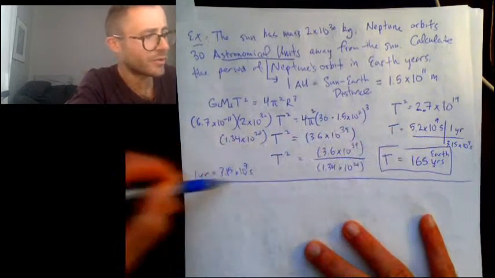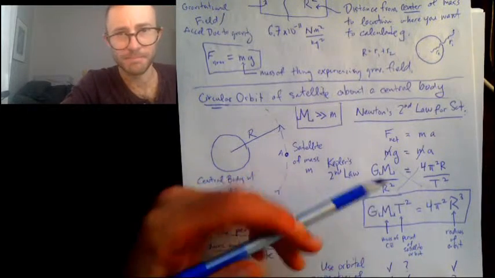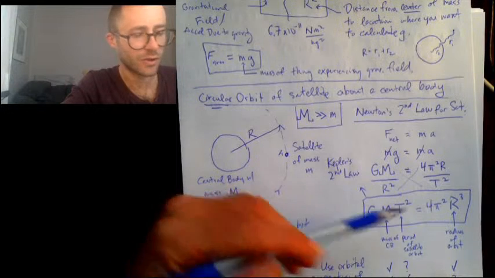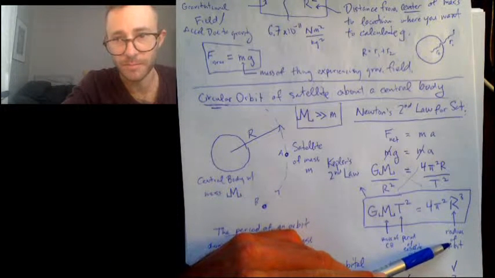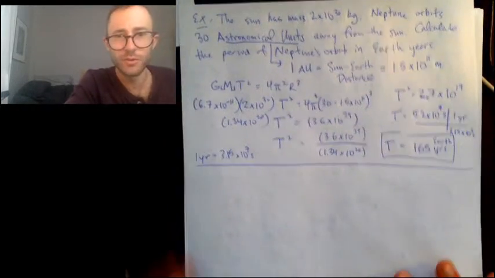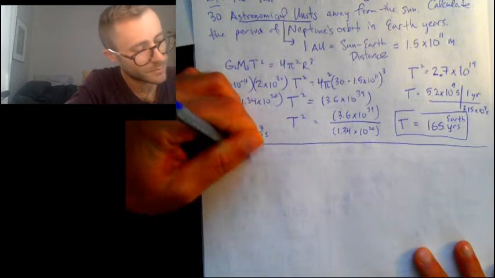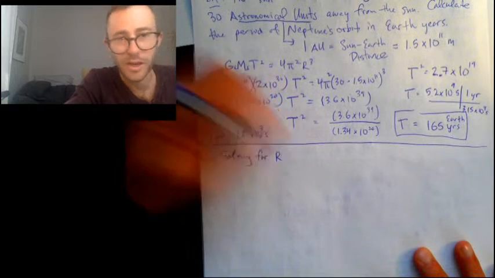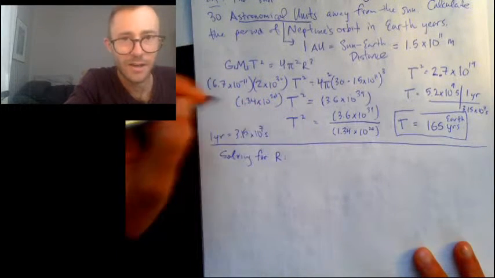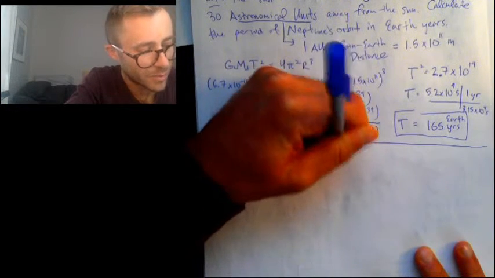One thing I wanted to talk about is, let's say that you wanted to solve for the radius of an orbit. Okay. See how we have r cubed? So if you try to solve for the radius with Kepler's law, you're going to end up with an equation like r cubed equals a number.